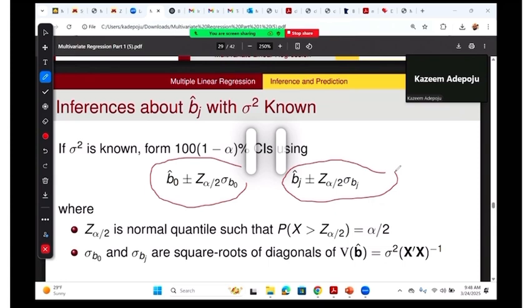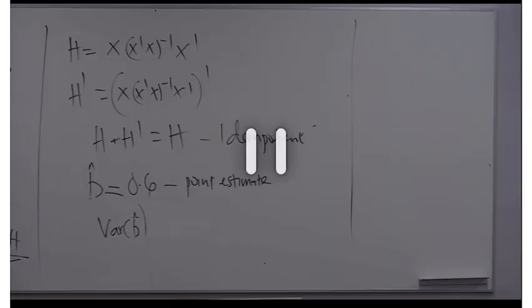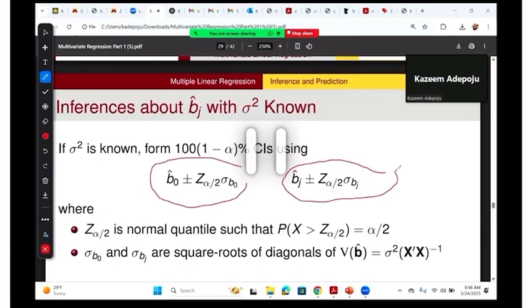But if you say plus or minus, everything here is the margin of error. But what is this? Sigma B naught is the square root of the variance of B naught. Without the variance of B naught, I may not be able to know the standard deviation of B naught.